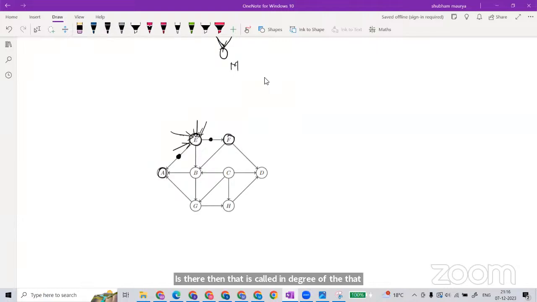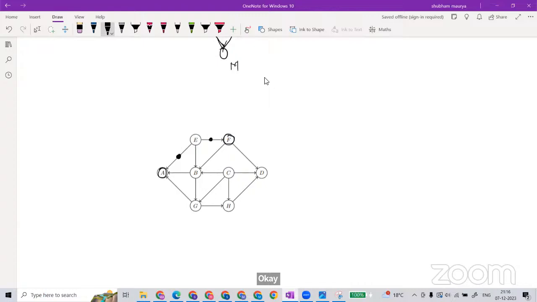And how many outgoing edges there are for that vertex is called the out degree. So there are two degrees in a directed graph, in degree and out degree. Here we can see the outgoing edges are 2 for the vertex E, and there is no incoming edge.